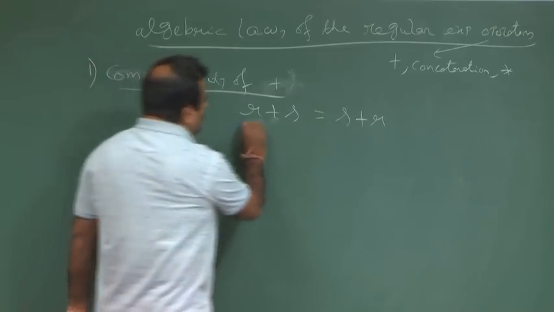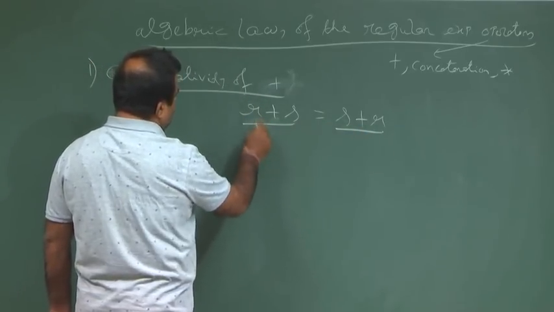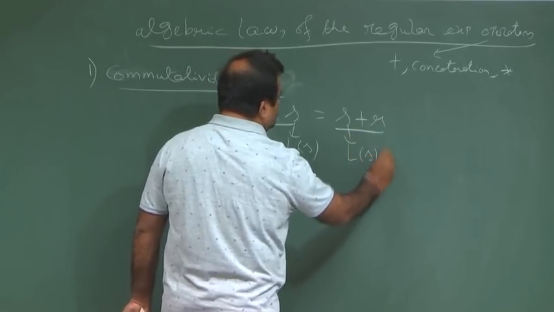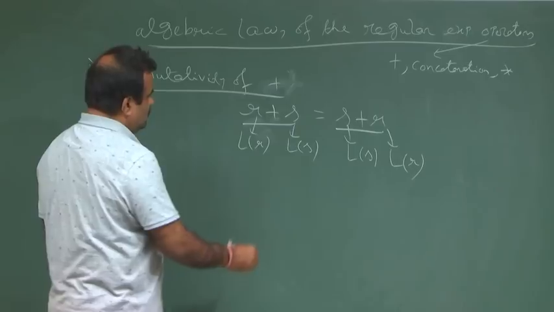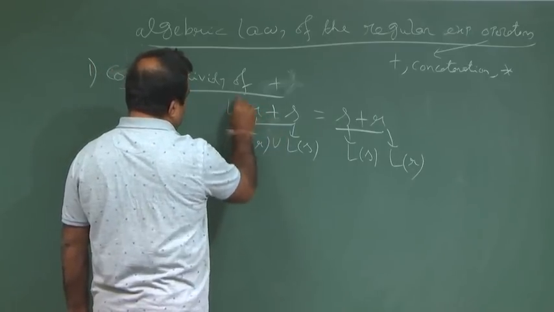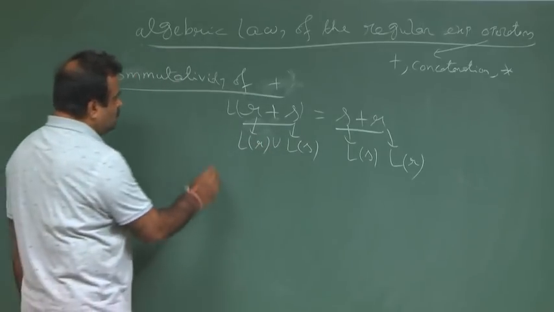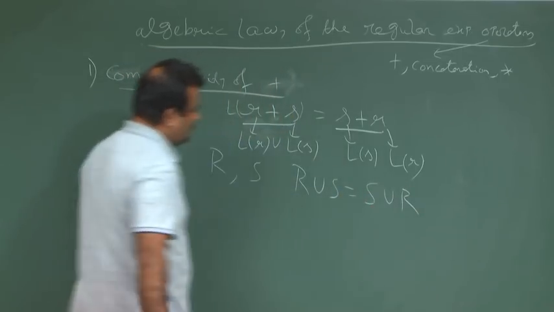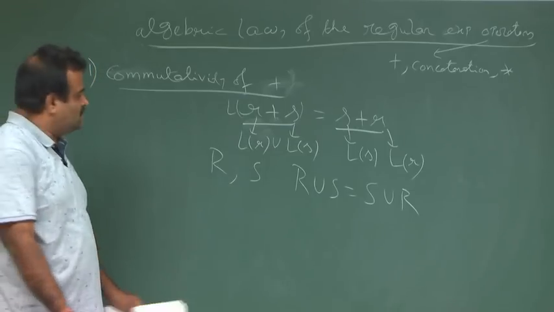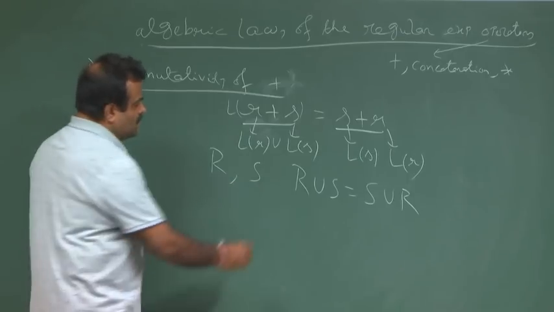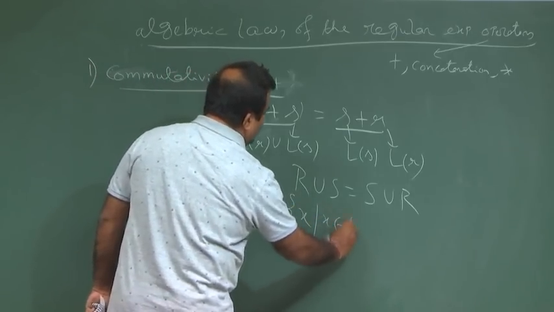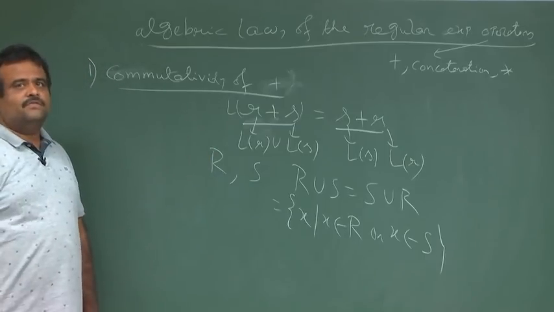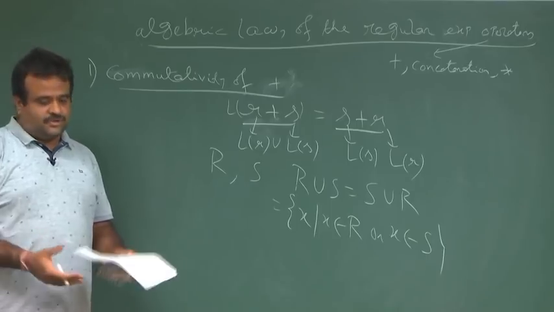So, this is okay, because this corresponds to L of R, the language, and this is L of S. Now, these two are joined by union, so the language is the union of L of R and L of S. Union is commutative, because if we have two sets R and S, R union S is S union R. This is just the set of all x such that x is in R or x is in S. It does not matter in which order they come, whether we first take from R or first from S, because that is the union.